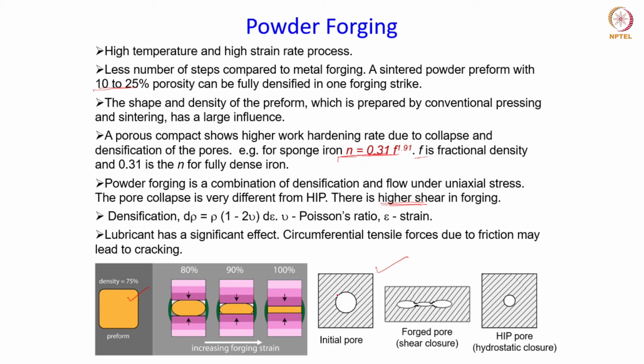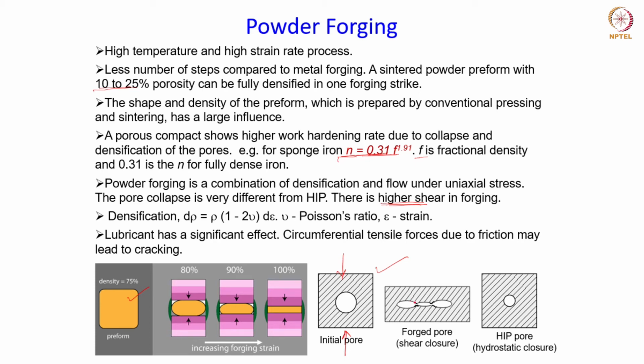So let's say this is the initial pore having this kind of spherical morphology, and as the compact is forged and pressed along this axis, then the pores will take up shapes like this.